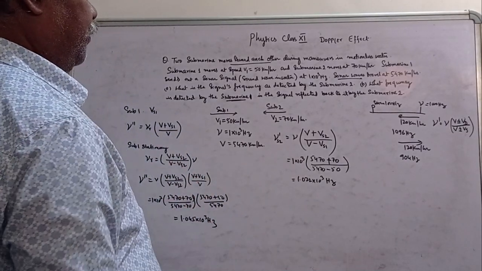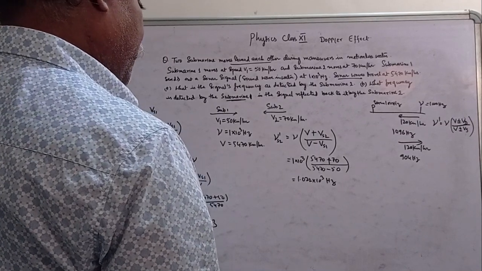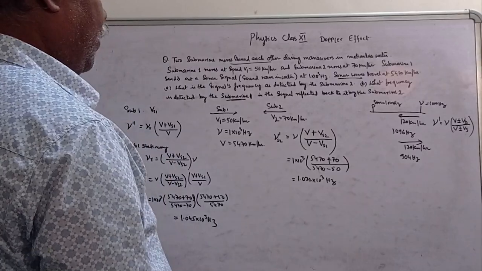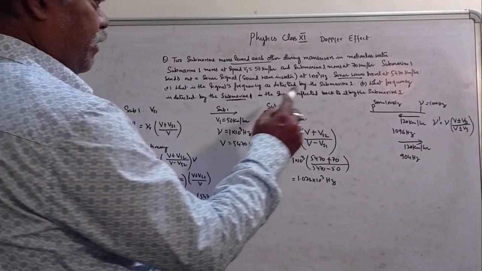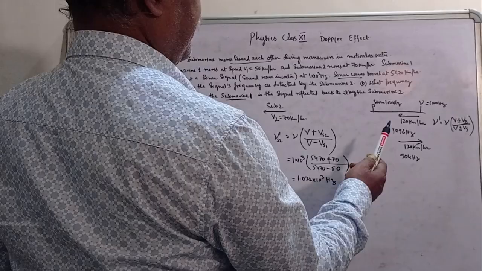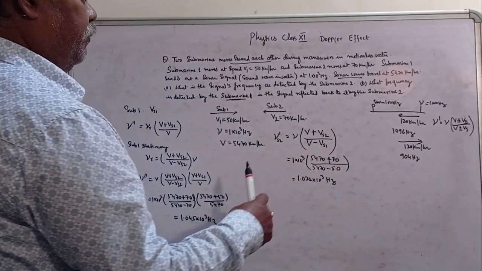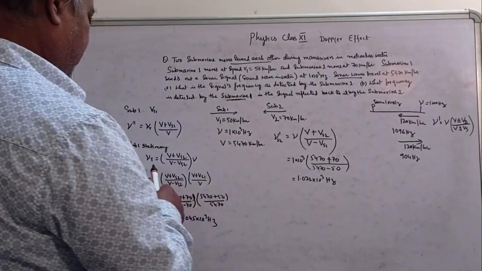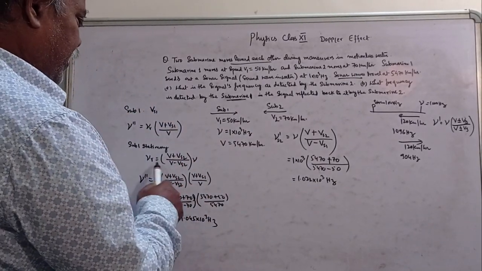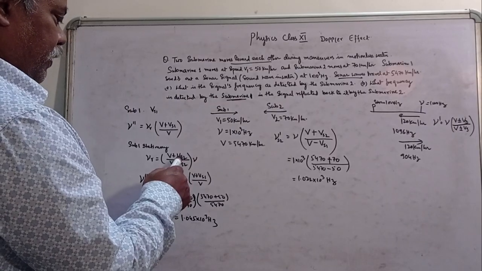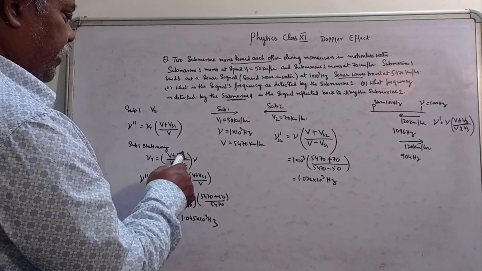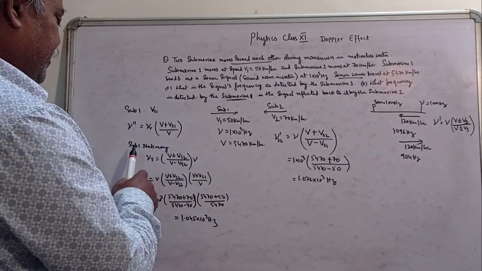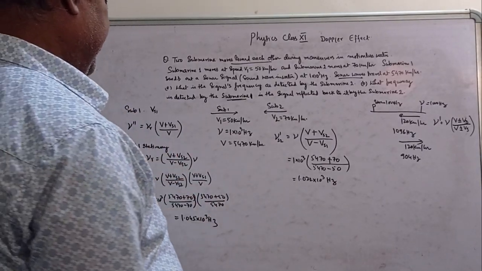The most important point in reflected rays, again I am telling you, is that submarine 2 at first was a detector, and then it becomes a source. So while calculating the reflected frequency, the detector and the source are both vs2, and for calculating we consider submarine 1 to be stationary.